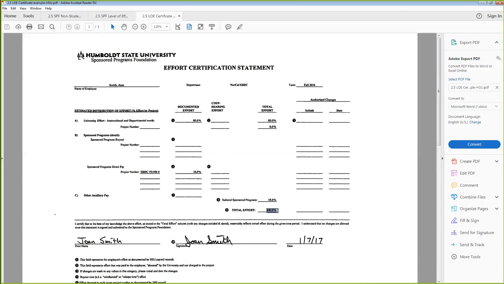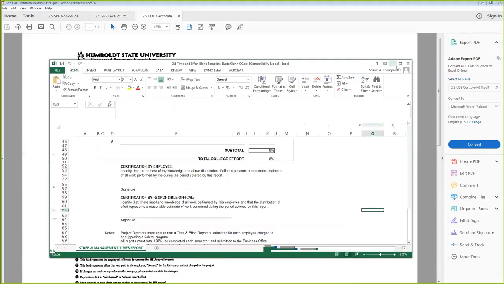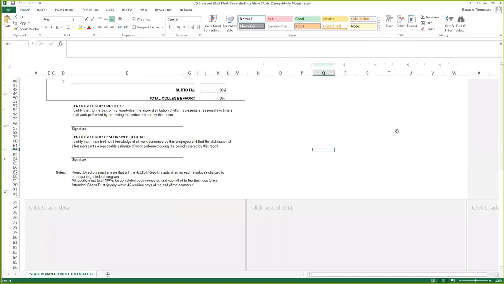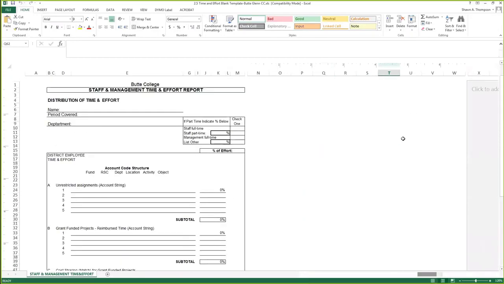So I can show you one more example. Let me see if I can find it quickly, that I just recently got from a site visit I did at Butte Glen Community College, which is one of our newer hosts, and they have a lot of federal grants, and it was nice to see a community college example.